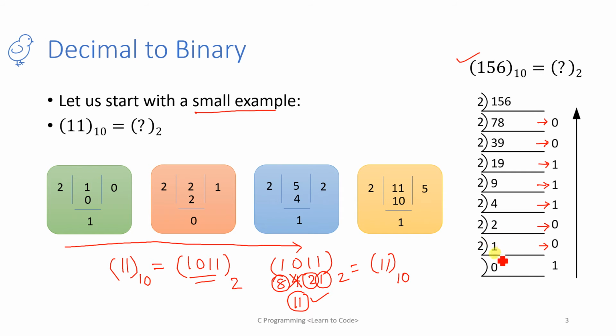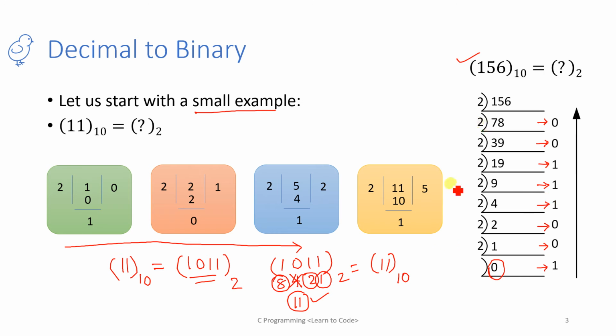Now the quotient is still not 0, so you have to divide by 2 again. 2 zeros are 0. So you get a remainder 1. Now that the quotient has reached 0, our division will stop. As I have already told you, whenever you write this kind of division, the result will be extracted from bottom to top.